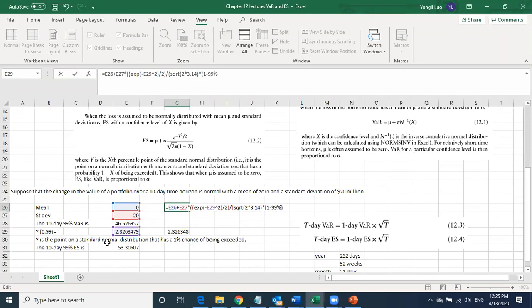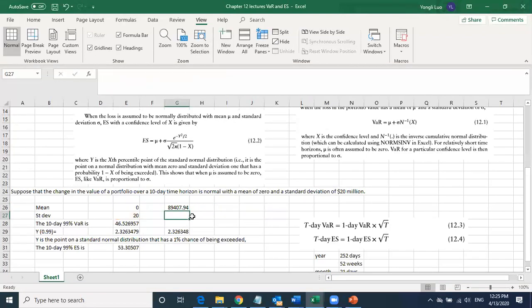So for the denominator we close the parentheses, and then you have another closing parenthesis. Make sure the whole thing is correct, because it's very easy to get this one wrong. Let's see what we have on this one.